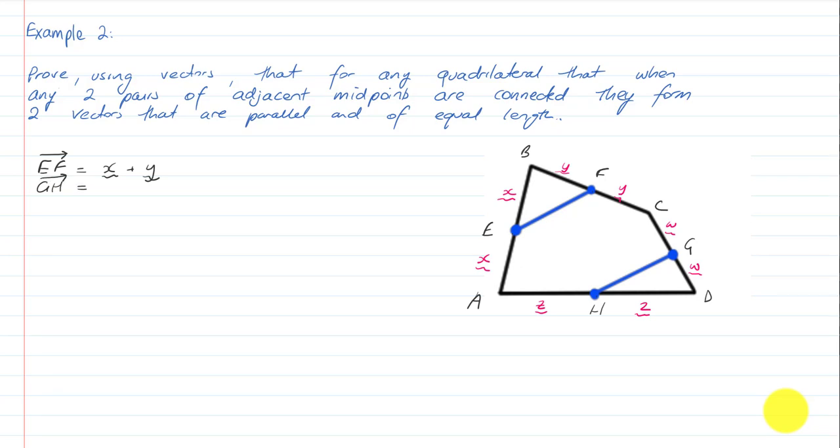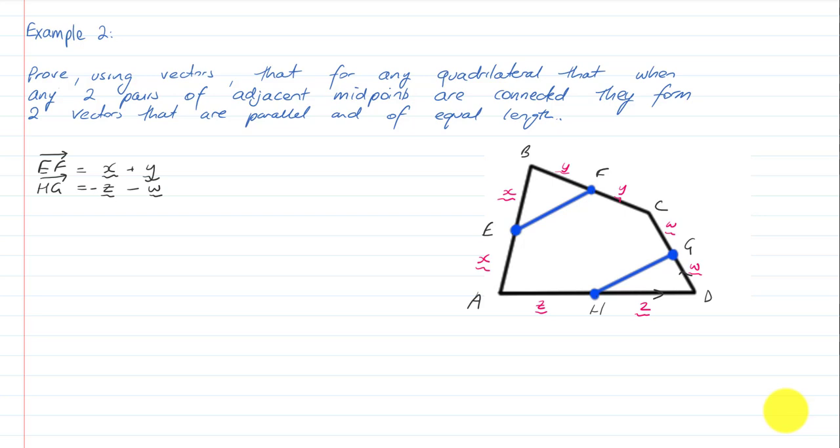Well, not GH, sorry, HG from bottom to top. Now, HG, unfortunately, to get from H to G, I've got to work backwards here. So H to G is Z plus W, except they're both negative because I had to work backwards. So that's the information I've got, and I'm going to try and prove from that situation.